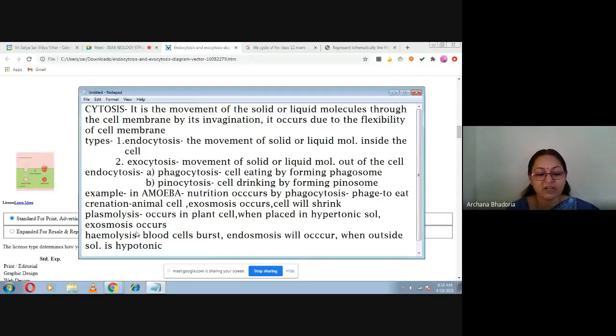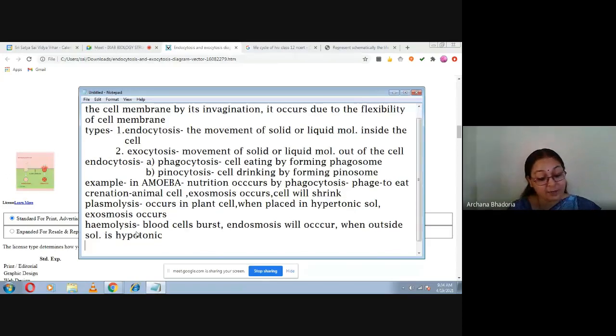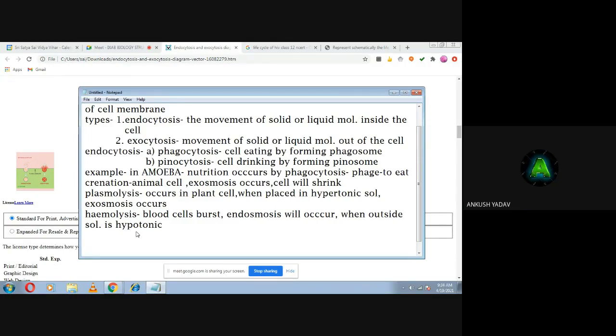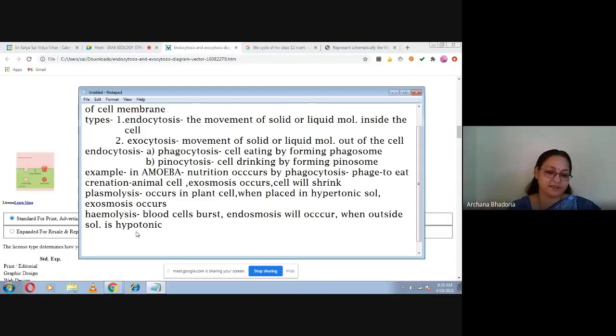Is it very clear, children? This is the way questions are asked from this topic, membrane transport. It's a very important topic, because the whole transport in your body occurs by the diffusion process, osmosis process, and cytosis. In tissues, we will study the tissue chapter ahead.